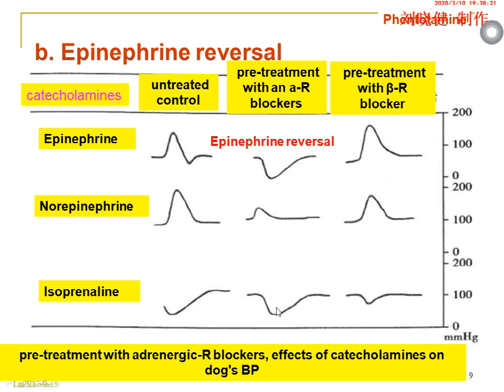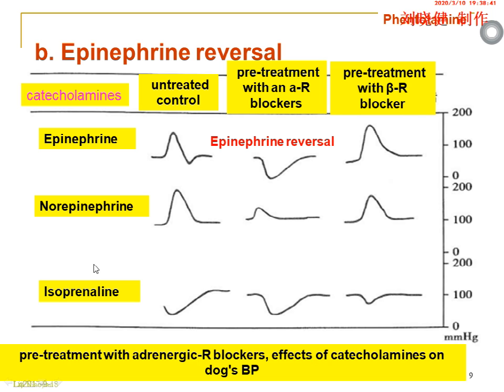This group of curves is caused by pre-treatment with an alpha receptor blocker before administering this drug, and then administering a dose of epinephrine. The dose is similar to this. Understand?